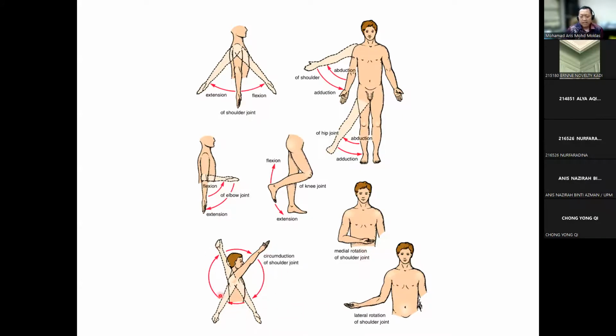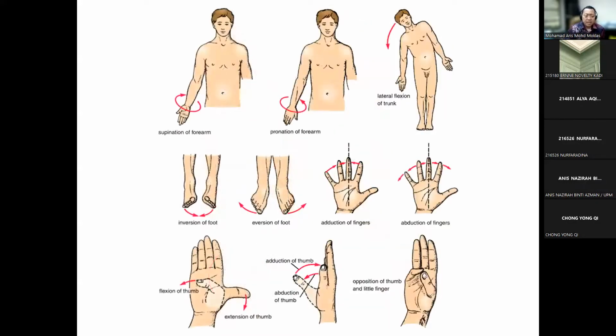These are circumductions of the shoulder joint, right? Supination of the forearm, pronation, lateral flexion of the trunk, inversion, eversion, adduction and abduction of the fingers, flexion and extension of the thumb, ADD, ABD of the thumb, and also opposition. Yeah?